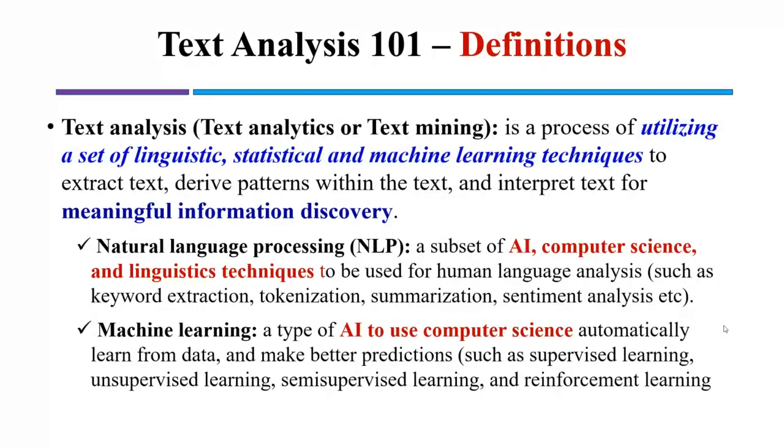The difference from other types of qualitative text analysis is that, as you can see, it mentions machine learning. So what is the definition of machine learning? Machine learning really is a type of AI. You are trying to use a lot of computer science knowledge to automatically learn from the data, from big data.